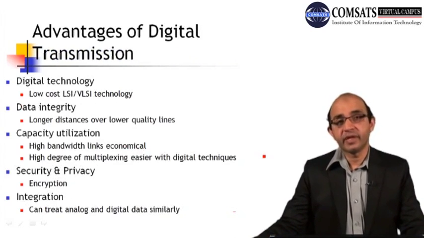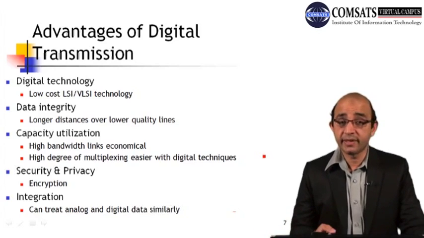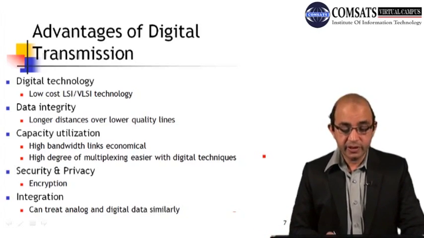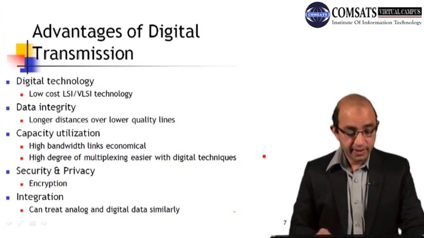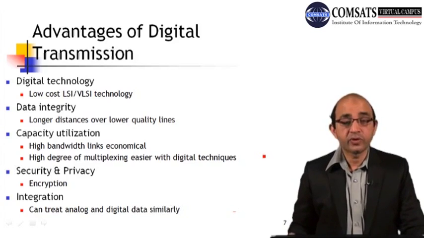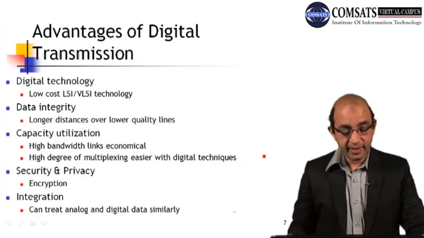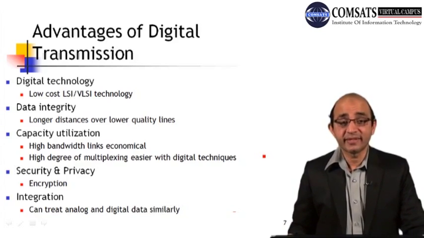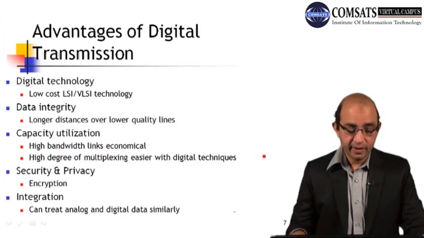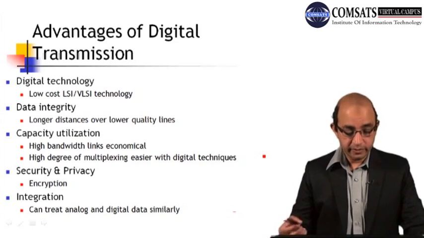So here are some of the advantages of digital transmission. With digital technology, it's low cost because of VLSI technology, and there is digital data integrity and longer distances over lower quality lines, so we can traverse long distances. Then capacity utilization: the available bandwidth is on the higher side, and they are economical as well.